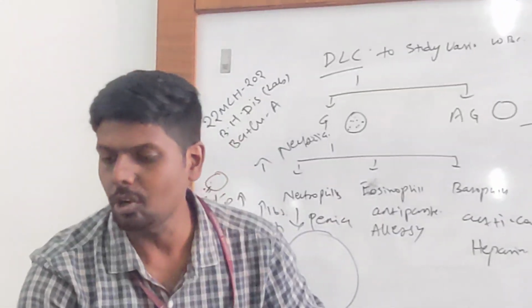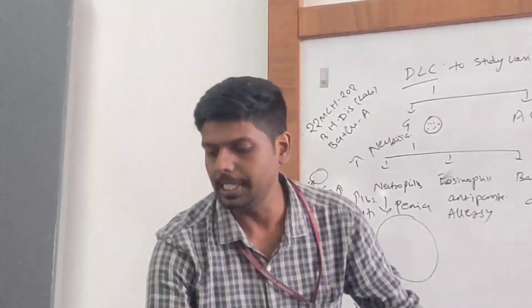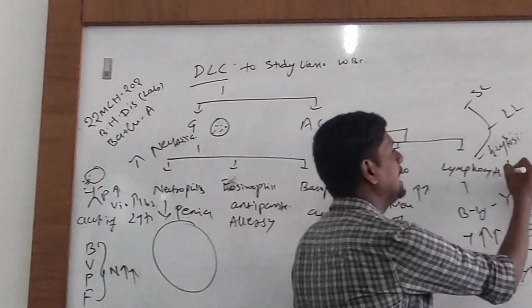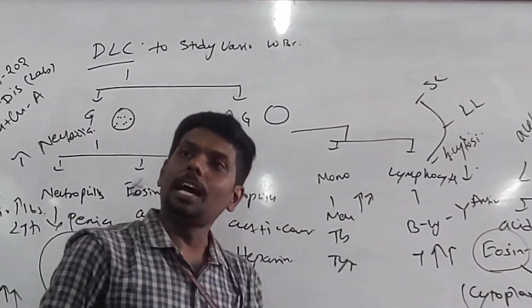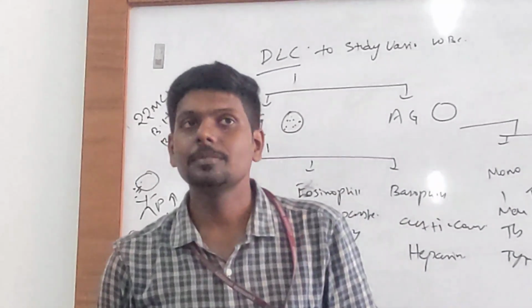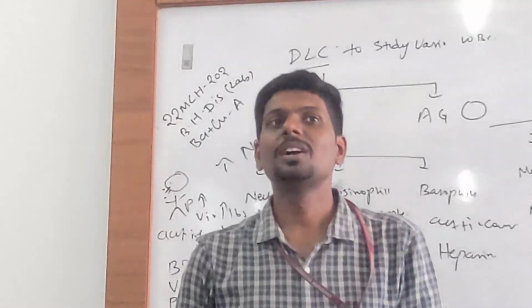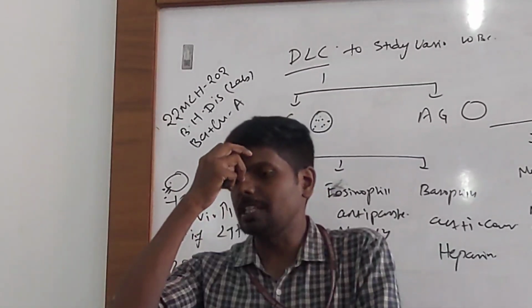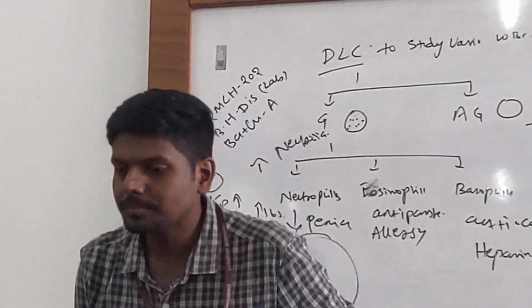Increased lymphocytes is called as lymphocytosis. Decreased lymphocytes is called as lymphocytopenia. Very good, Manpreet. Lymphocytopenia. Decreased lymphocytes is called as lymphocytopenia.